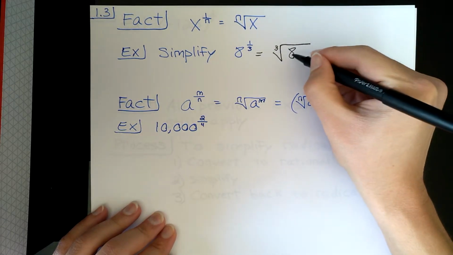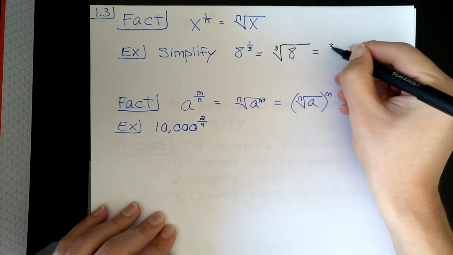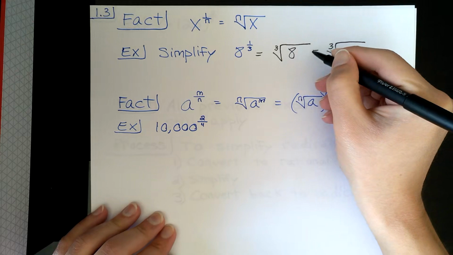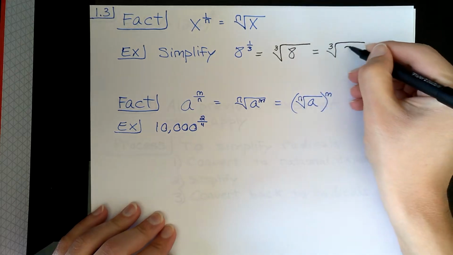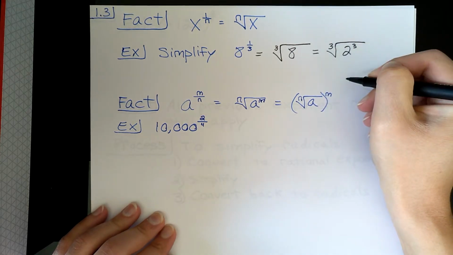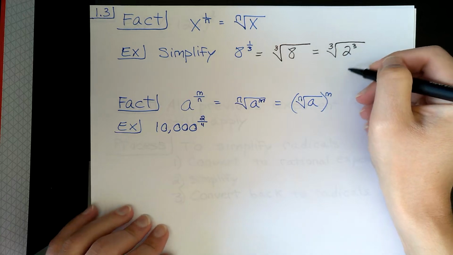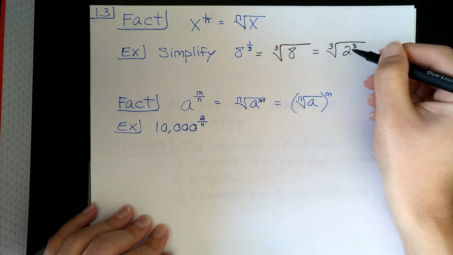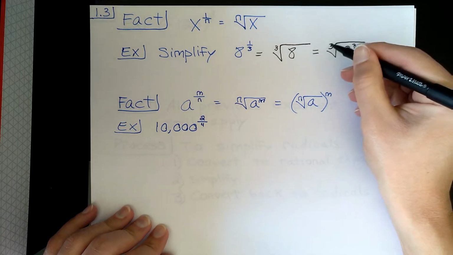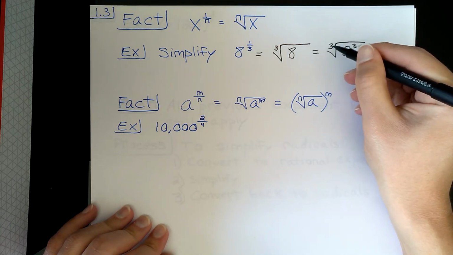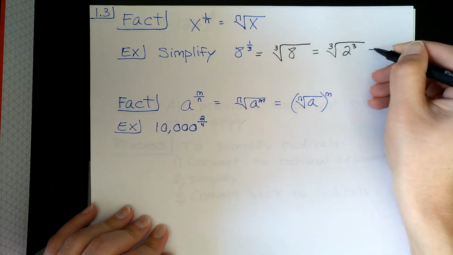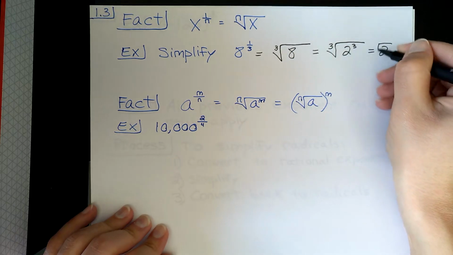And we know that 8 can be rewritten as 2 times 2 times 2, or 2 to the 3rd power. And like we discussed in our last video, the cube root of 2 to the 3rd, or whenever you have an odd radical index and the same power inside of it, they cancel each other off, leaving you with just what was inside.